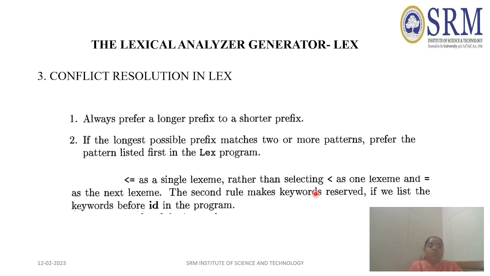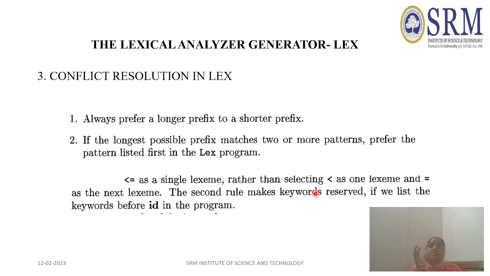Okay, now coming to the third point of your learning, conflict resolution in Lex. For example, if I get the less than symbol, I will clearly state that it is less than. If I get the equal to symbol, I will state it as equal to. But if I get less than or equal to together, at this point what should be done?